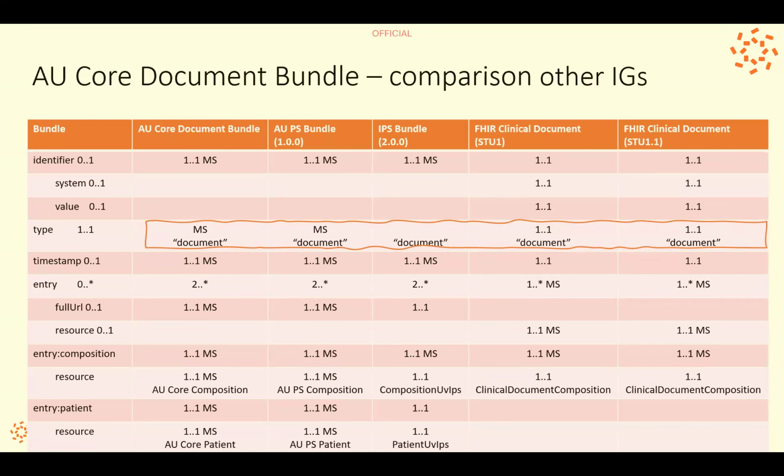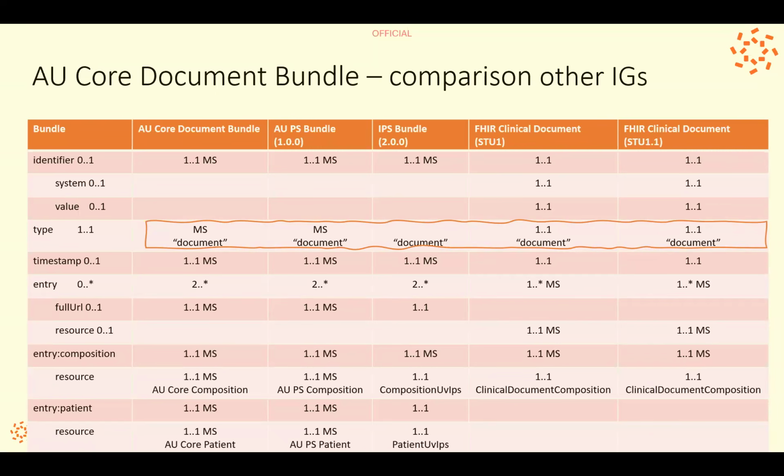I 100% agree that identifier should be must support. All the conversations I've heard in the last 15 years of digital health have been that, through documents and how we manage them, an identifier is important.